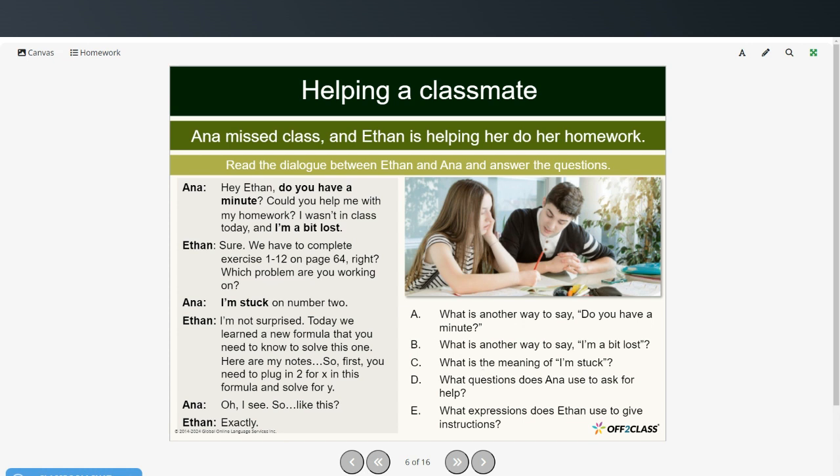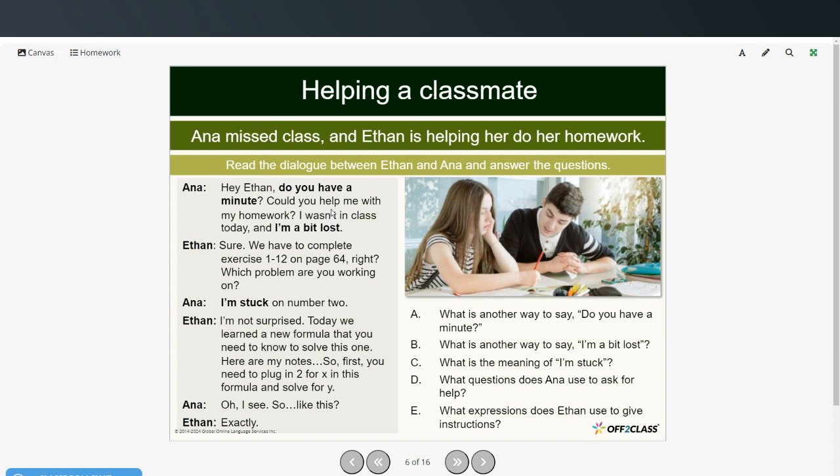And what's the meaning of I'm stuck? Well, I'm stuck means that she or the person cannot go forward with finding the answer. They've reached a certain point and they can't go any farther. And so, what questions does Anna use to ask for help?